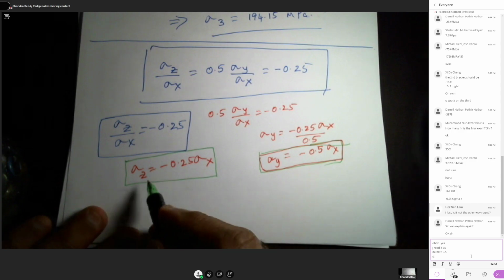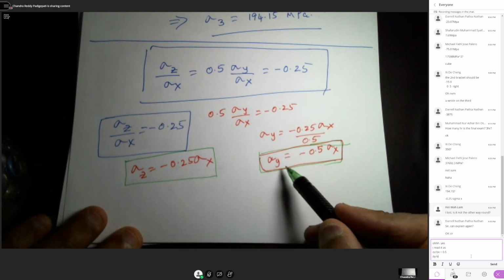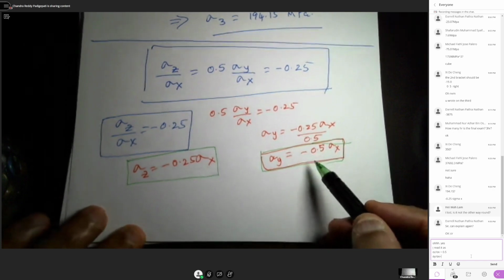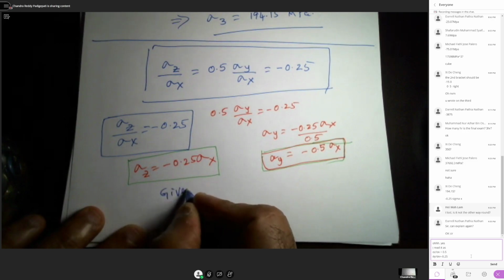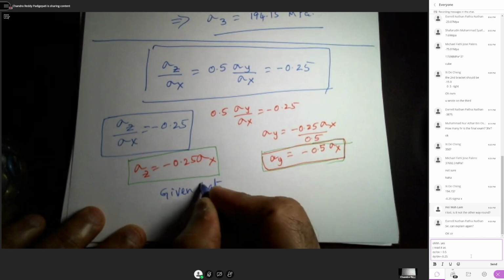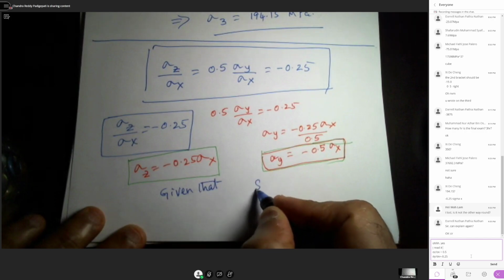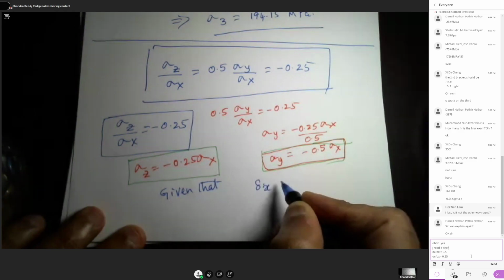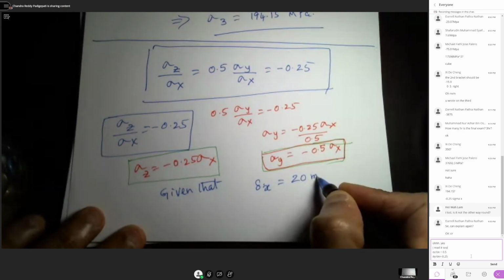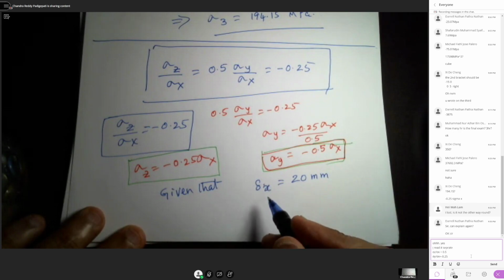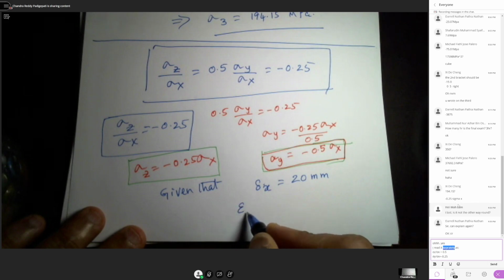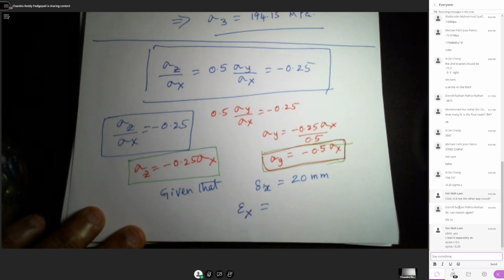So we can relate sigma z with sigma x and also sigma y with sigma x. So the next one is what is given: under proportional loading, there is a change in length delta x equal to 20 mm. Once you know the change in length and the original length, you will be able to calculate the strain along the x-axis.